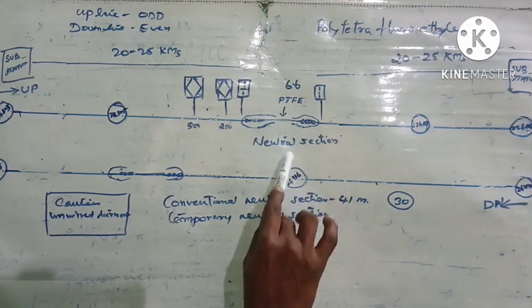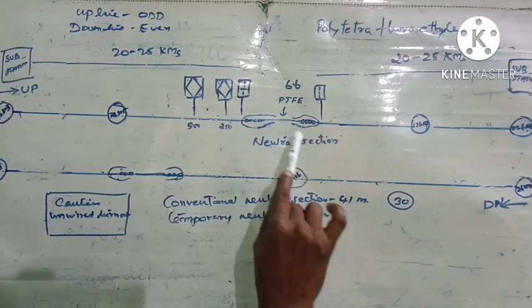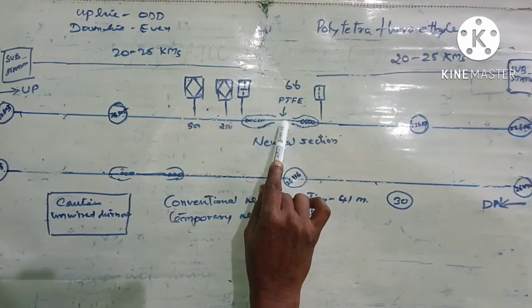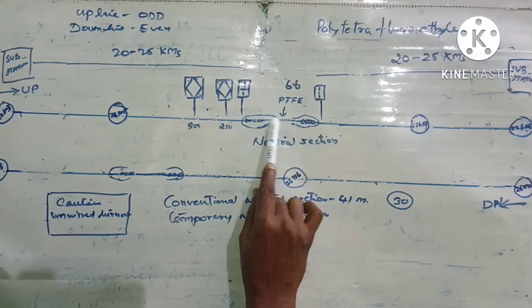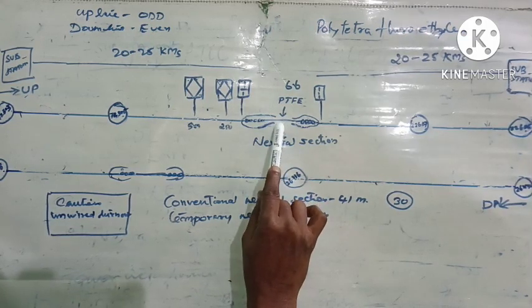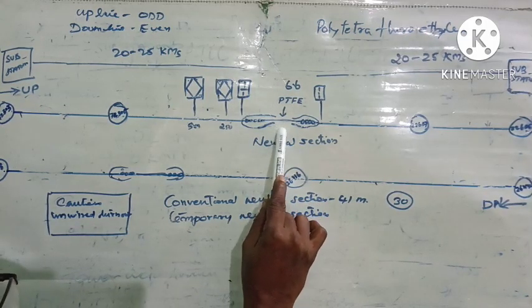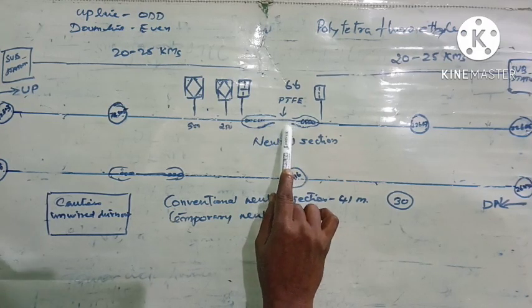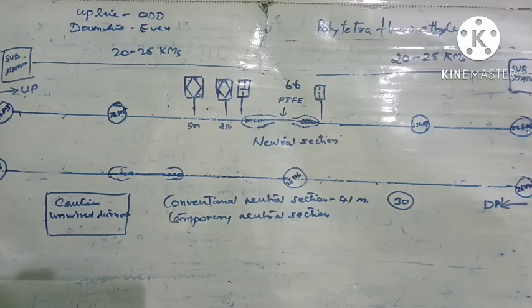In the conventional neutral section, the loco, the panto will not be getting power at this neutral section. So it is a lengthy neutral section, which means if it is moving at less than 30 kmph, there is every chance of this train getting stopped here.